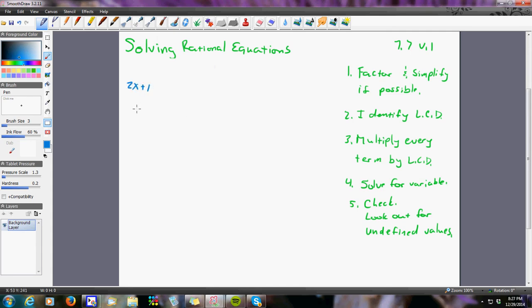It's 2x plus 1 over x squared plus 2x minus 3. Like I said, this is a bear of a question. Equals x minus 1 over x squared plus 5x plus 6 plus x plus 1 over x squared plus x minus 2.